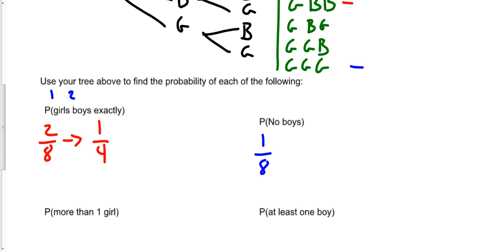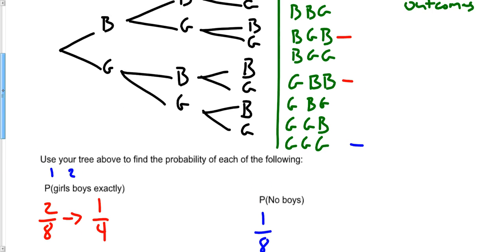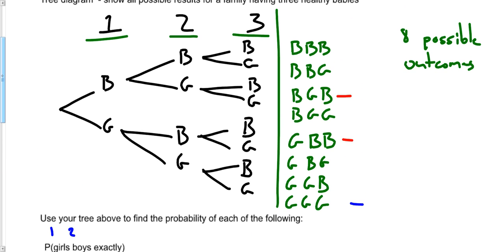Okay. The next probability asks, what's the probability of getting more than one girl? So more than one girl is 2 or 3. If I go down my list, there's 2 girls, there's 2 girls, there's 2 girls, and here's 3 girls.